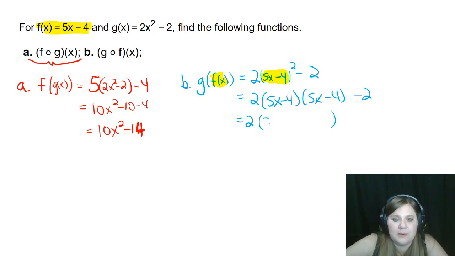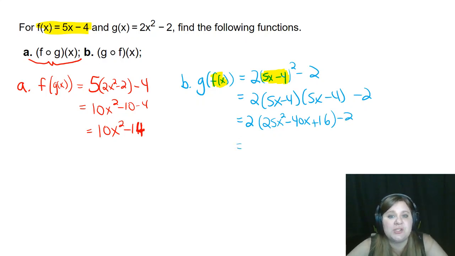So when we FOILed it out, we should have gotten 25x squared, and then when we combined like terms, minus 40x plus 16. We still have our minus 2. Go ahead and distribute and combine like terms.